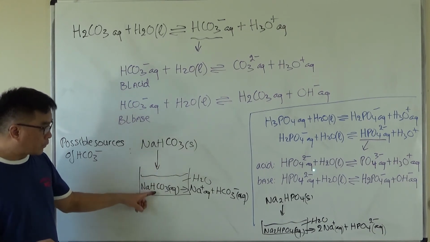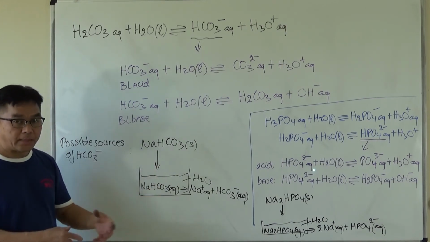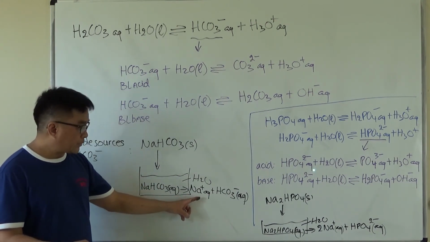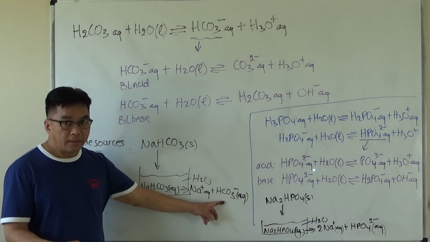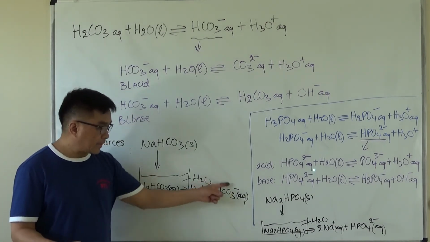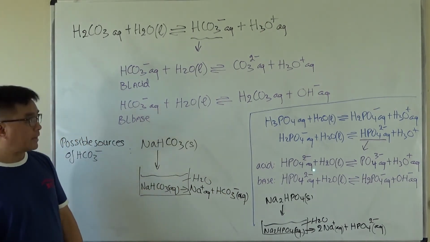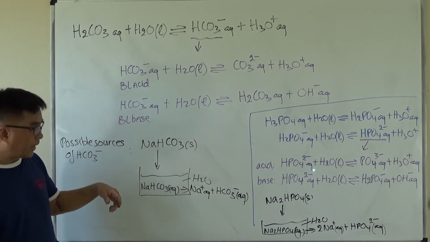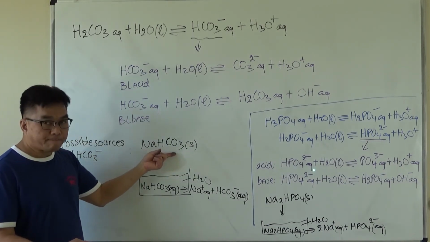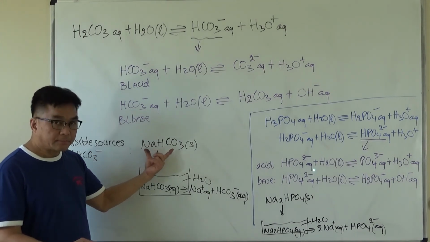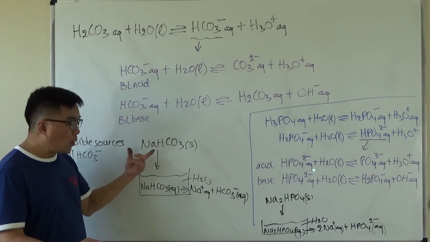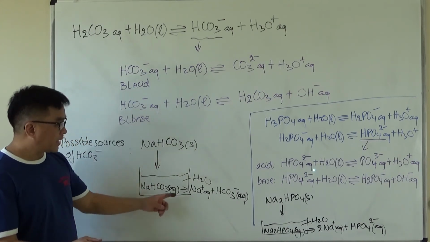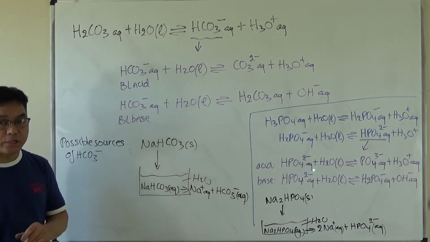When it goes into solution, we can write it as aq, which means that it has dissolved, and it will dissociate completely to produce sodium and hydrogen carbonate. That is the source of the hydrogen carbonate ions, which can undergo either of these two reactions. Sodium bicarbonate is a neutral compound, but it's an ionic compound, and every ionic compound has a cation and an anion. In this case, you have to look at the acid-base nature of the ions.